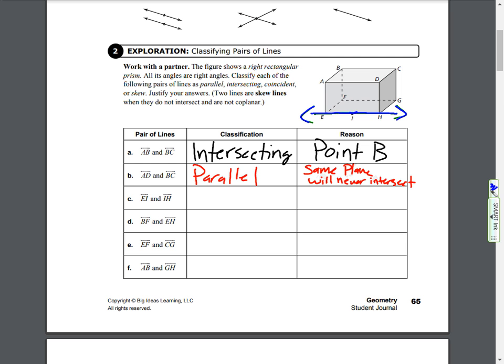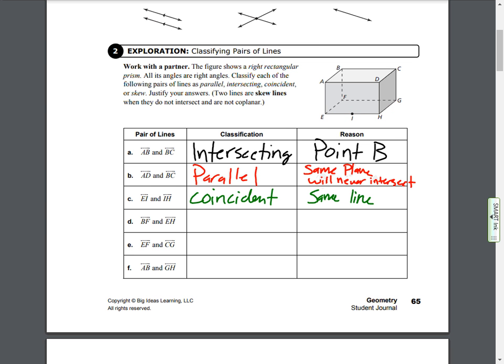Two lines on the same line is what we call coincident. And by reason, I'm just going to write same line. You can write what you need to there. That's what helps me remember what coincident means.